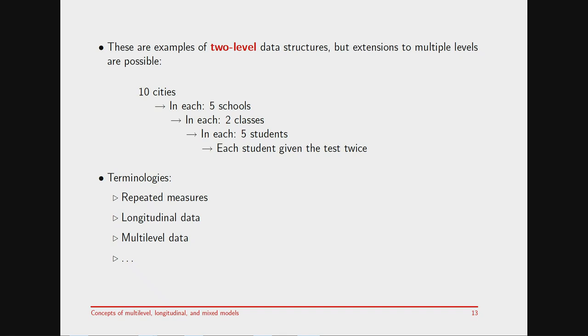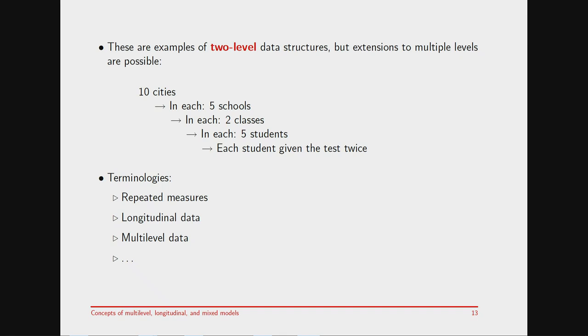But from the perspective of writing down the model and understanding what these parameters mean, a 50-level data structure would not be more difficult than a two-level data structure. So the major step is from one level to two levels. And that's why we will start with that, and we will see many examples of two-level data structures, and then we will go on and continue.